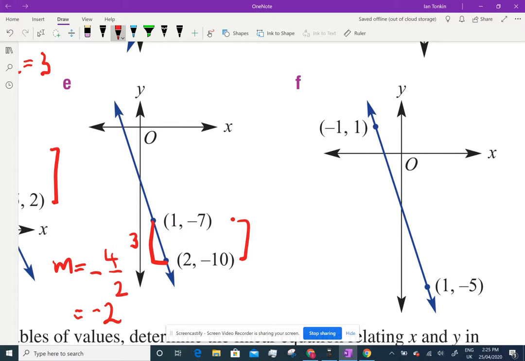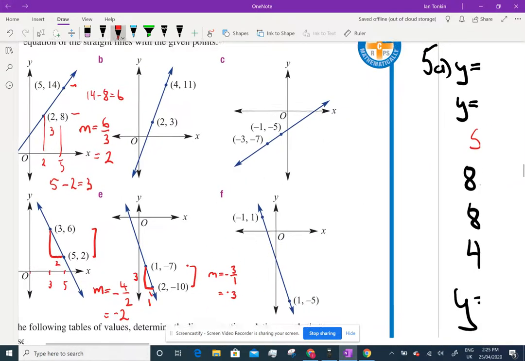All right, negative 7 minus negative 10. This distance, it's going from 1 to 2. Well, 2 minus 1, or 1 minus 2 is 1. So the gradient is 3 over 1. But again, it's going down. So it's negative 3.